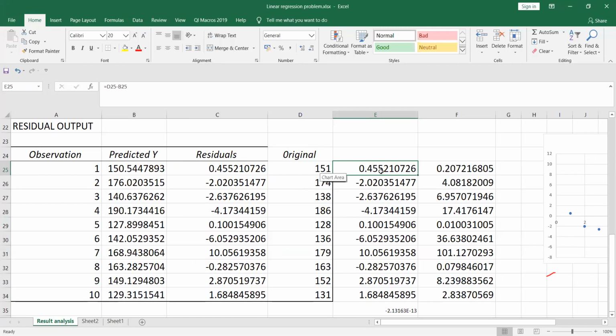So I have got the exact same residual values over here. This shows that using Excel and using the calculated values, the residual values are the same.